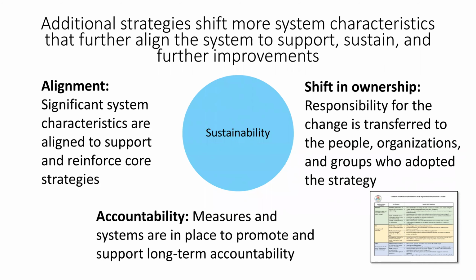And finally, that there's some kind of accountability in place, whether that's with the network overall, whether that's within the agencies, or maybe it's some kind of combination, but that there's measures and systems in place that can help us promote and support long-term accountability to sustain this effort and the improvements as well as the impacts that come from these strategies.